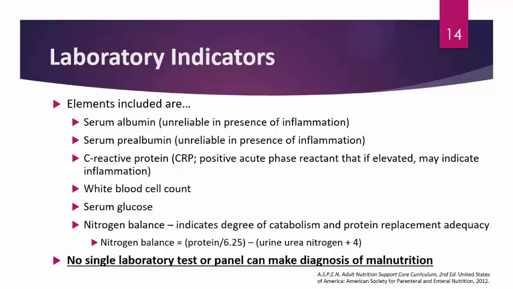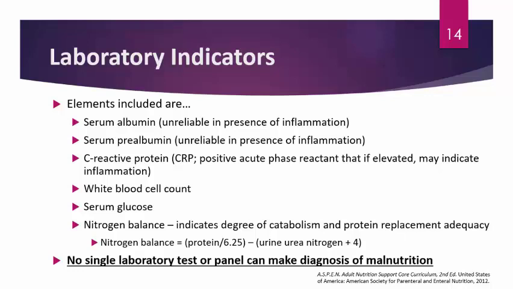So essentially, nitrogen balance is equal to your grams of protein over 6.25, minus your urine urea nitrogen plus 4. Something that's important to note here is that this actually has to be done with a 24-hour urine collection, which makes it a little bit more difficult to do.